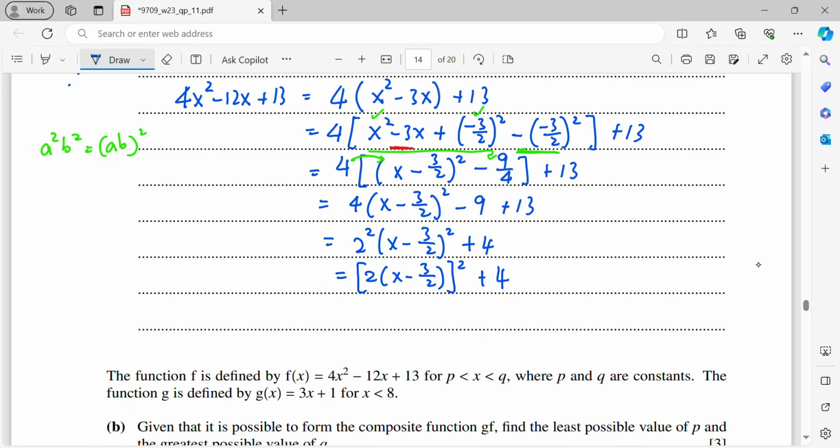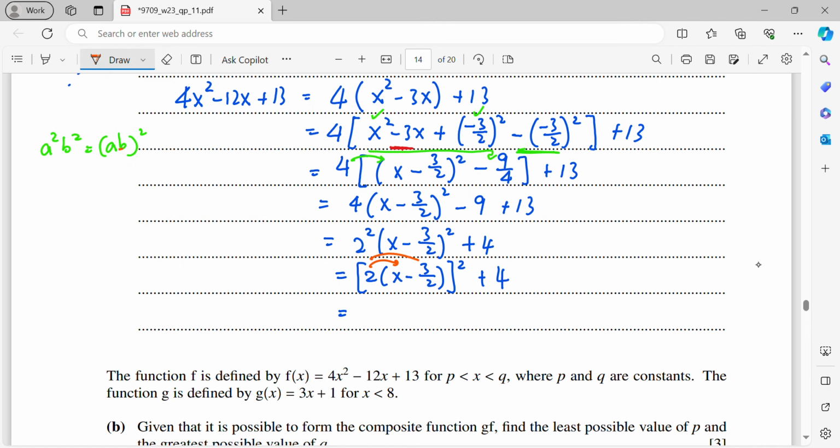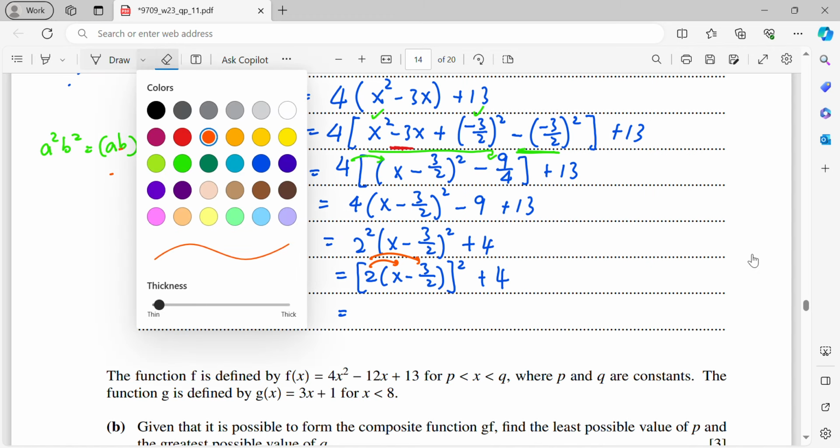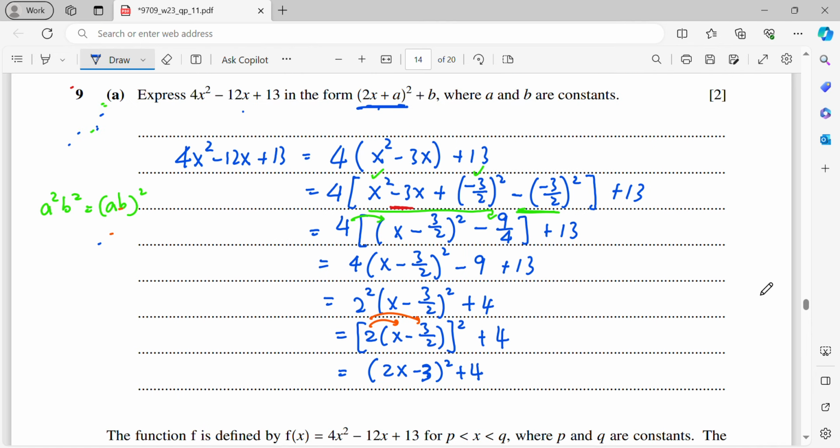And then this 2 times, so I will be getting 2x. Negative 3 over 2 times 2 is negative 3. So this is my form.